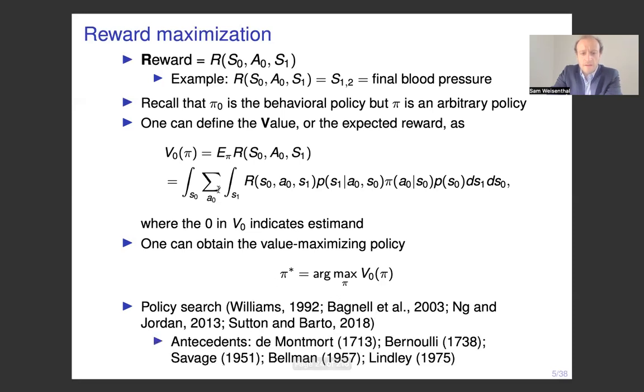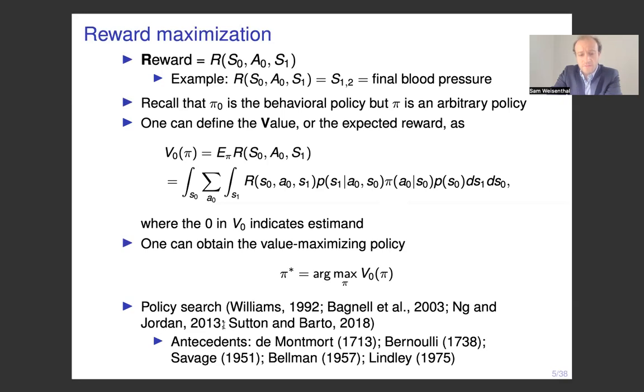Note that this framework of taking expected reward and looking for the strategy that maximizes the expected reward is really based on expected utility theory, which has been studied for hundreds of years actually.